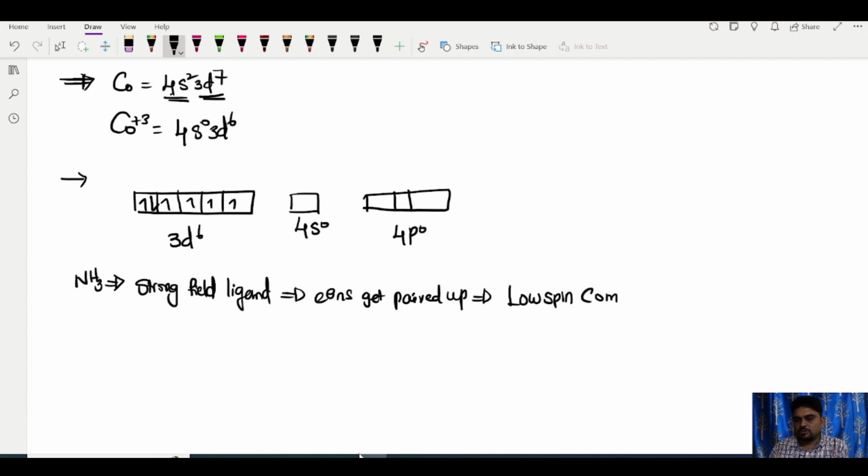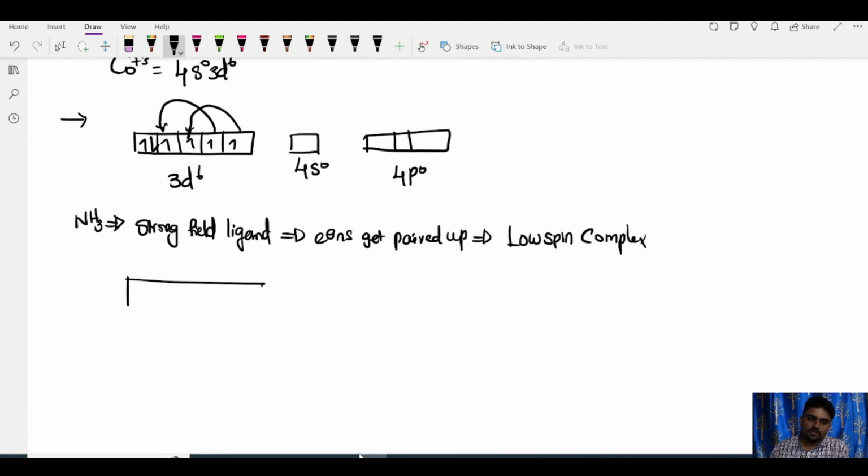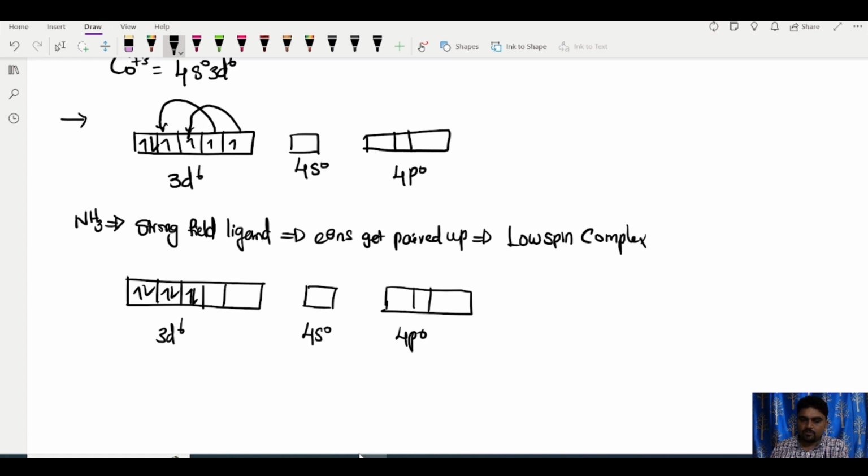This electron will get paired up here, and this electron will get paired up here. So the 6 electrons present in 3d are going to accumulate in 3 orbitals like this: 1, 2, 3, 4, 5, 6. The 2 orbitals will be available for hybridization. And 4s is 0, 4p is 0.